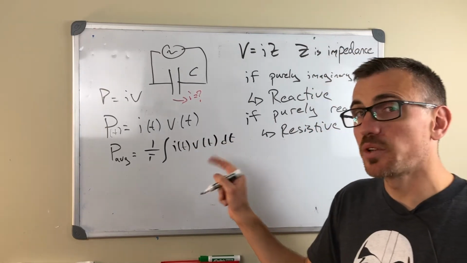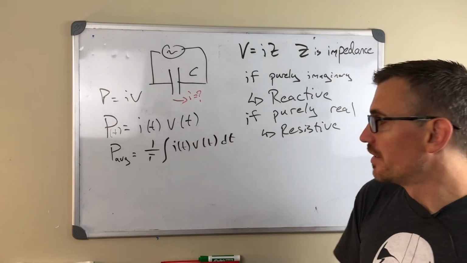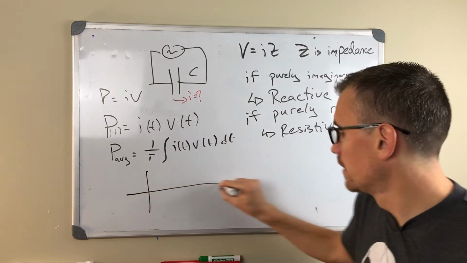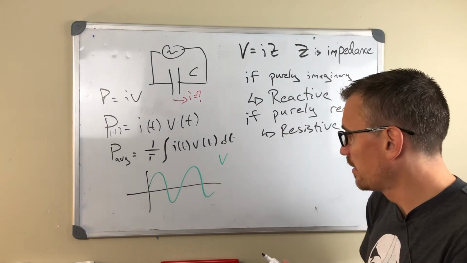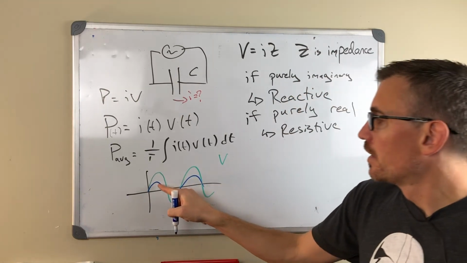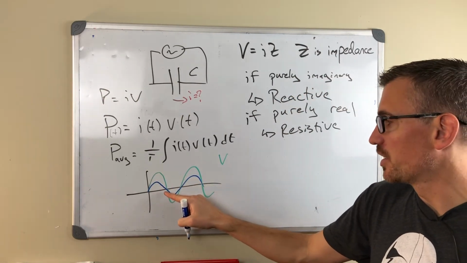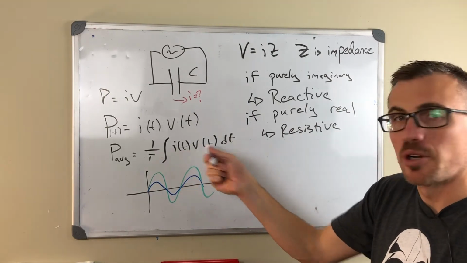Okay? And this is where the distinction between reactive and resistive components comes in. Let's look at the case where we have a voltage like that and a current which is in phase, even if it's bigger or smaller. They're both positive at the same time, zero at the same time, and negative at the same time. We're effectively always going to get a positive number in this sum.